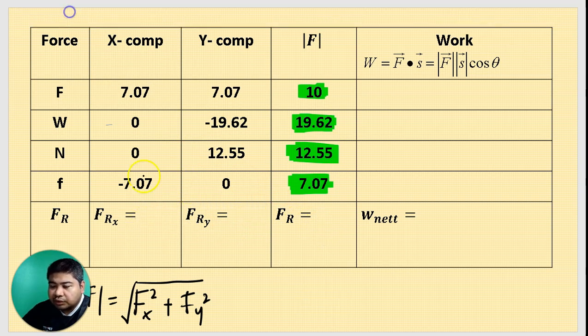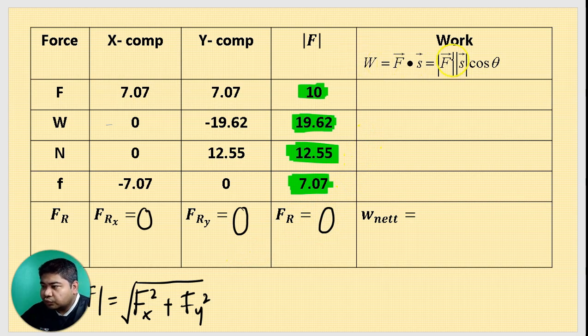We're going to substitute with 0, and then the sum of the forces in the y is 0, so 0 squared plus 0 squared, and then the FR is also 0. Okay, to calculate the work, the equation is the magnitude of the force times the magnitude of the displacement, times cos of the angle between the force and displacement.